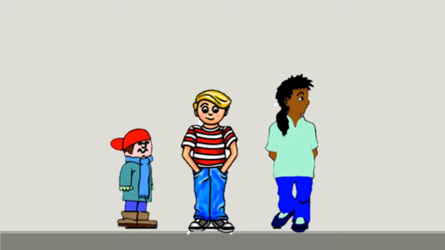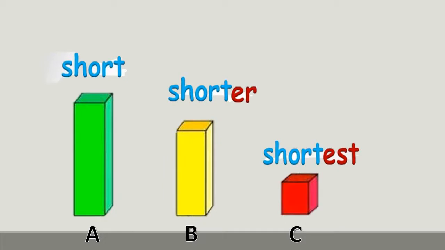Now children, we will learn short, shorter, shortest. We will compare on the basis of their heights. First see children, here three images are given in different colors. So first, A is short. Now see another one.